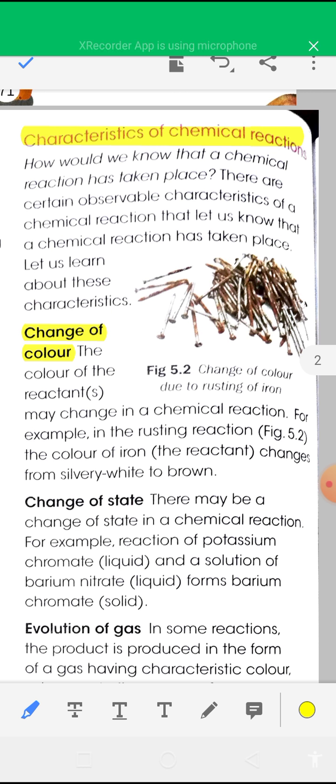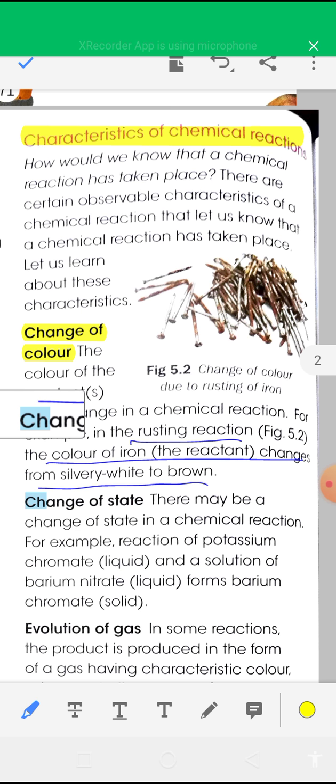In some chemical reactions, the color of the reactant may change to the product. For example, rusting of iron. In this reaction, the color of iron changes from silvery white to brown.